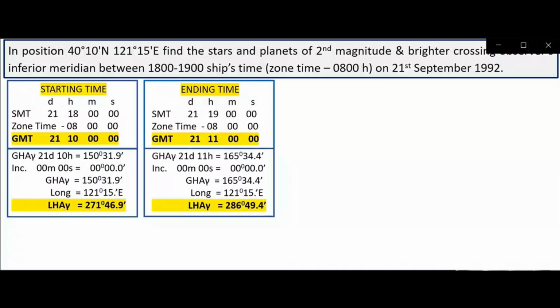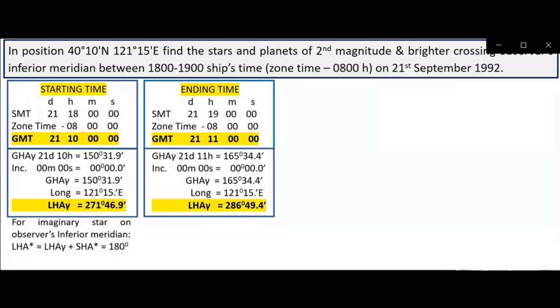Now we get the SHA of an imaginary star on the observer's inferior meridian at the commencement of the interval and at the end of the interval, and the same is obtained by equating the LHA of the imaginary star to 180.